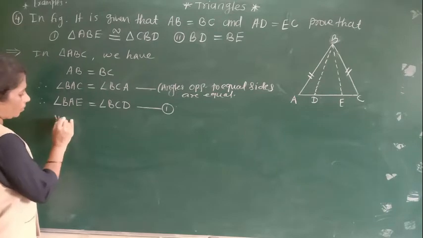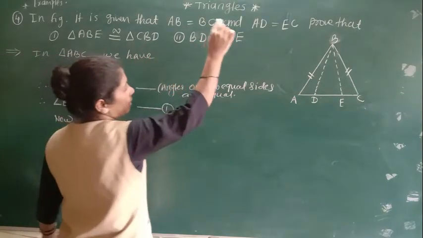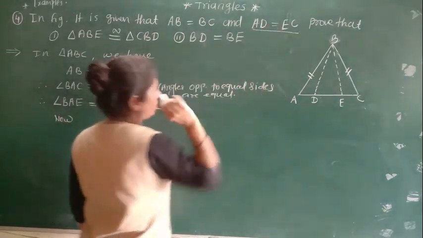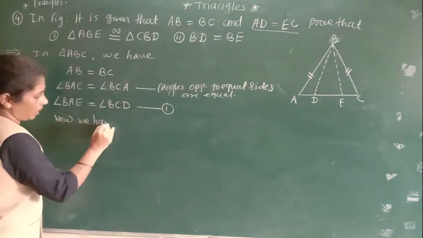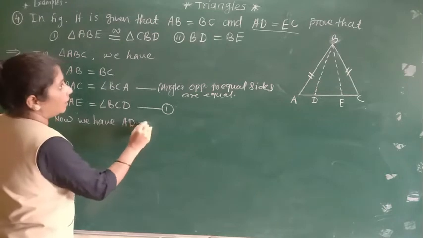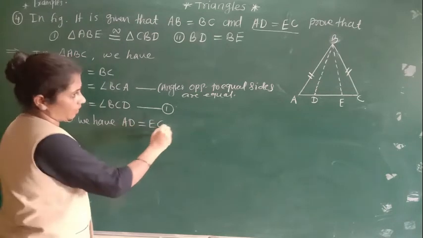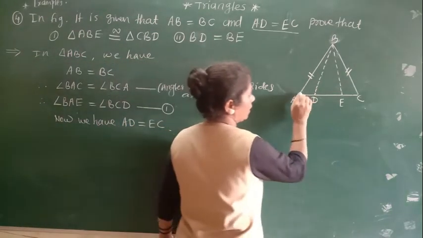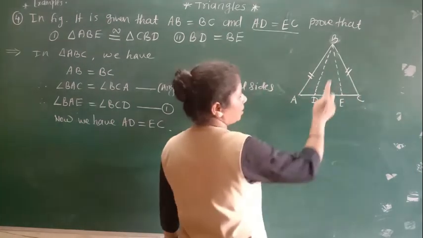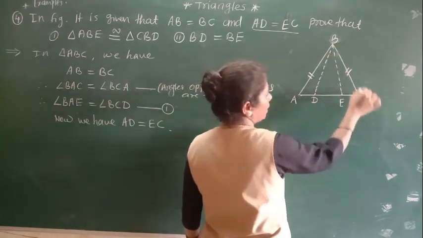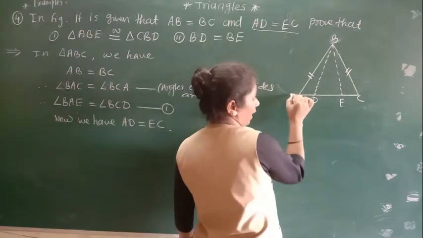Now one more piece of information is given to us: AD equals EC. Where is AD equals EC? This AD equals EC.